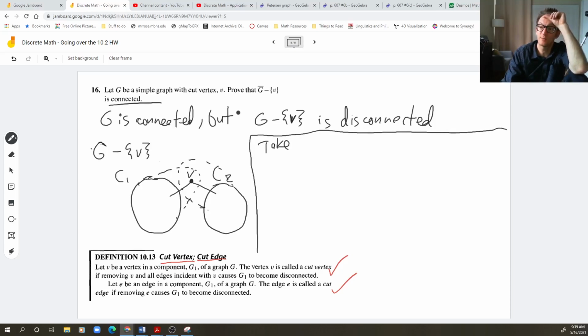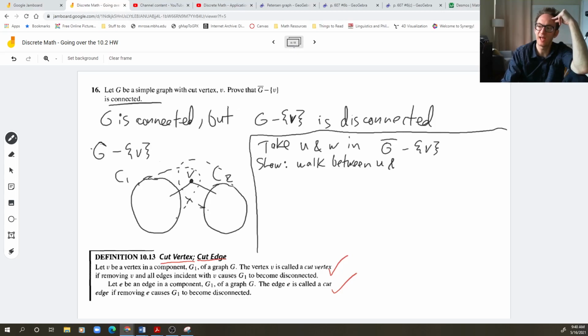I take 2 arbitrary vertices, U and W, in the graph G complement minus V. And I want to show that this graph, G complement minus V, is connected. And so I want to show that there is a walk between U and W.